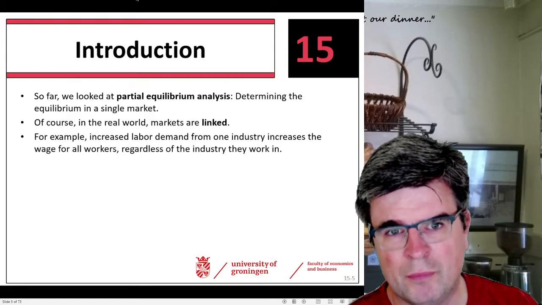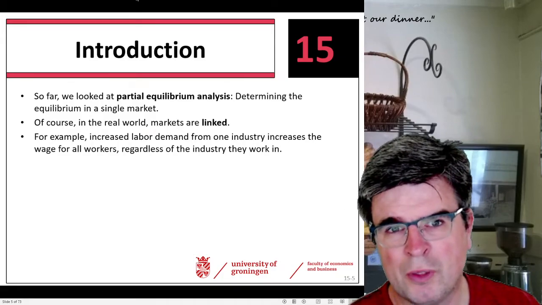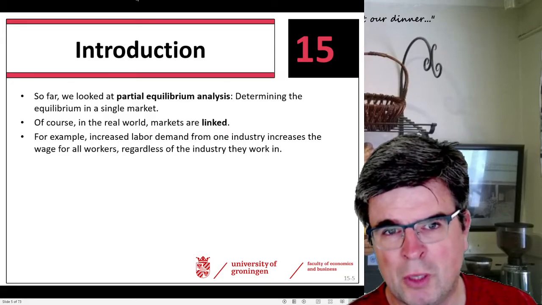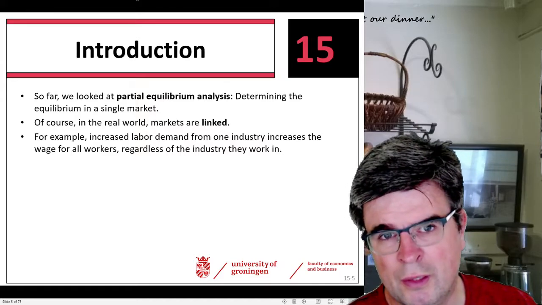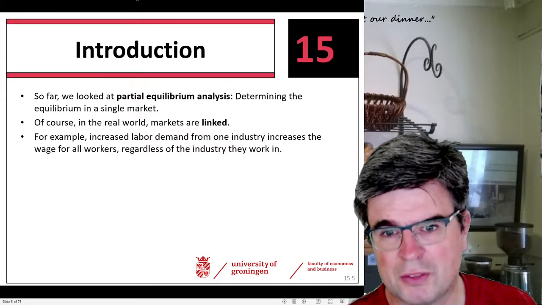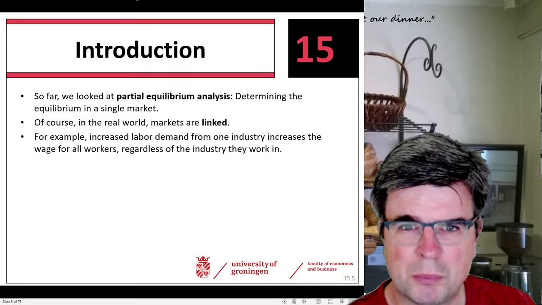So here the labor market is important in both markets, and a demand for labor in one market has implications for the price of labor in other markets as well. And ultimately also it has implications for the price of your beer.